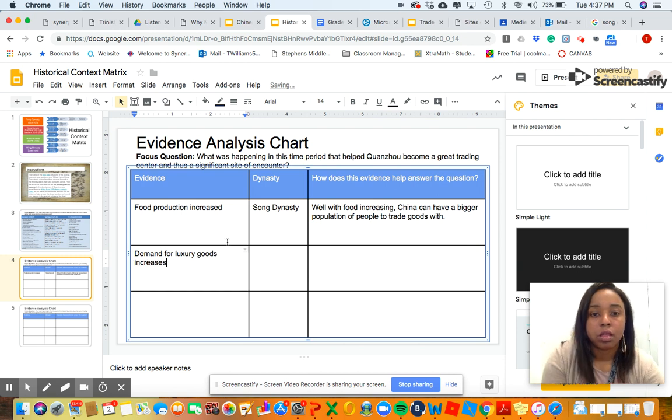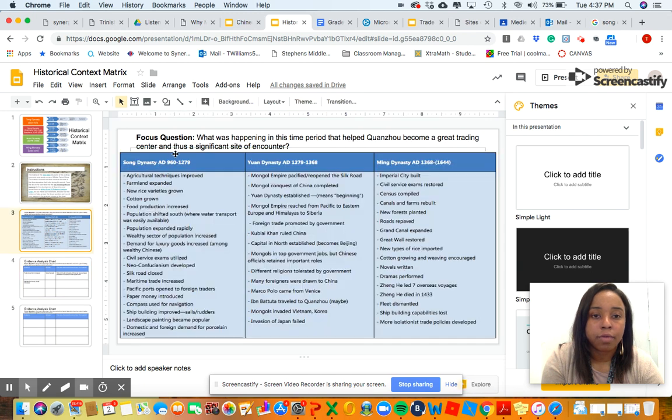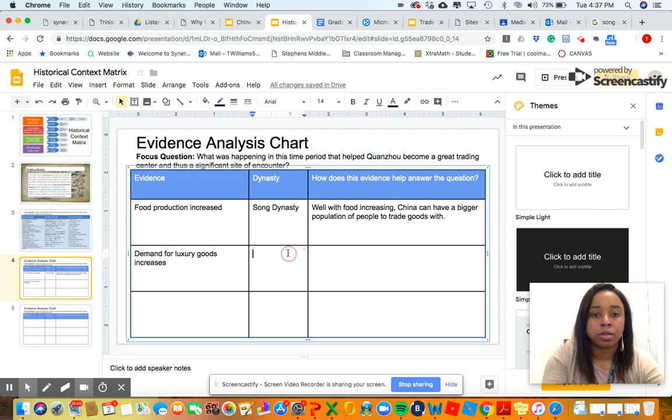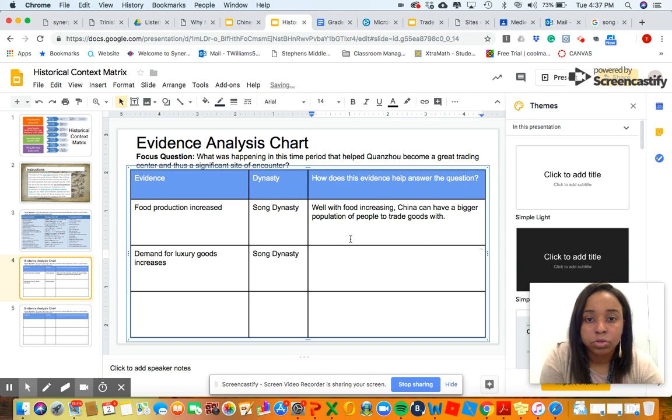increases. And again, I go back here, I look and I say, hey, where did I get that from? This was again the Song Dynasty. So I put Song Dynasty here. And then I just explain how it answers the question.